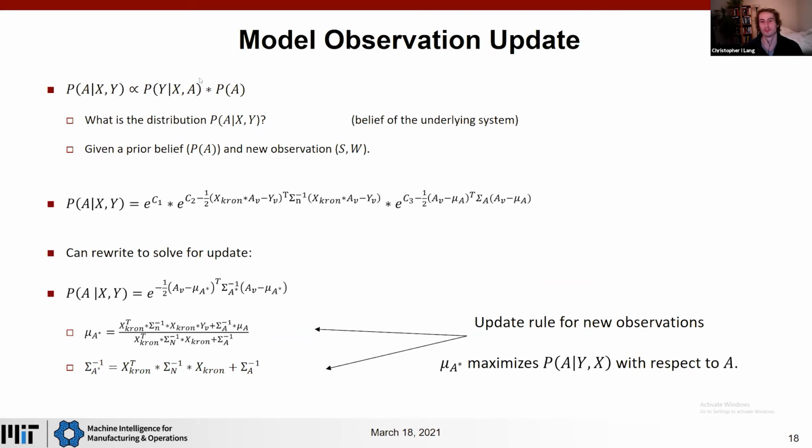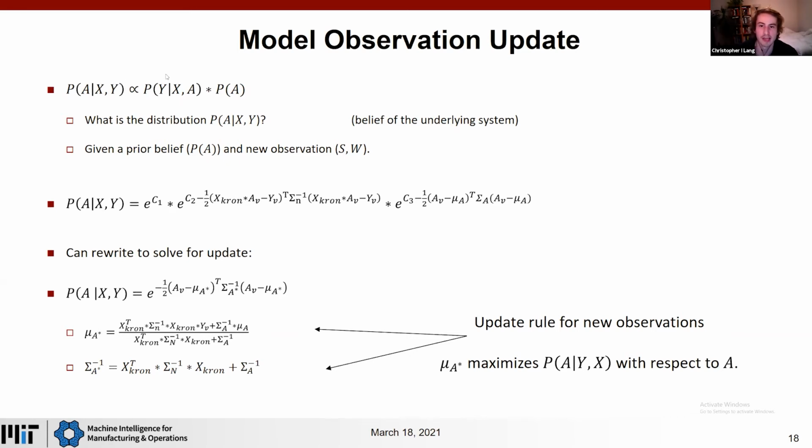So I'm not going to go too deep into the math, but the update, when we get new observations, is one half of it. And here what we want to do is come up with some probability for what our new A matrix should be given some input X and output Y. And here X should really be the sensor variables and Y should be the wafer variables that we're trying to predict.